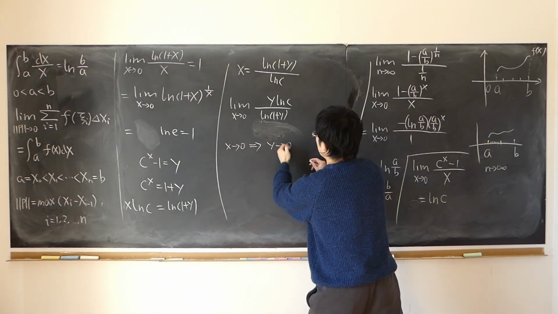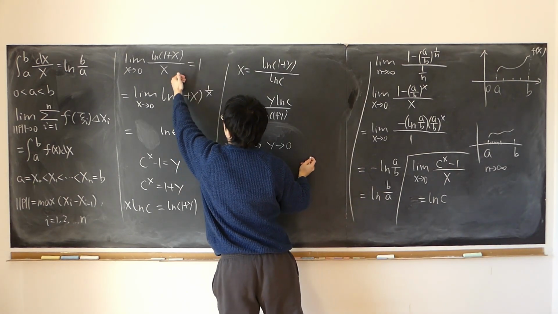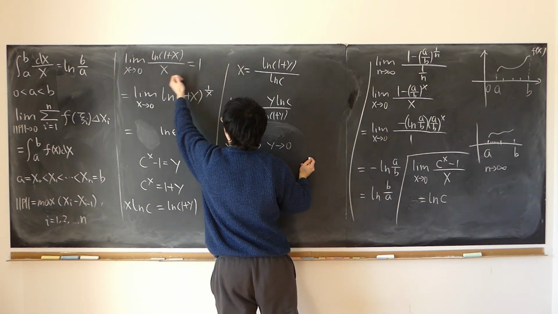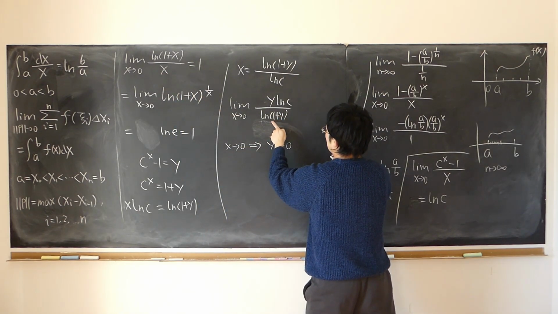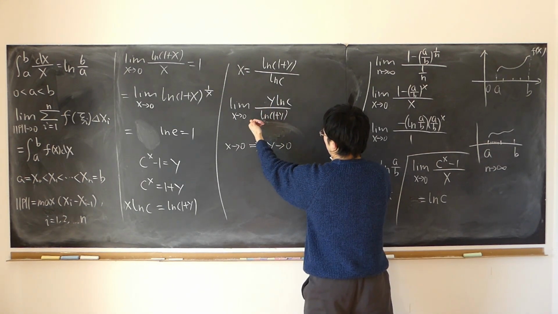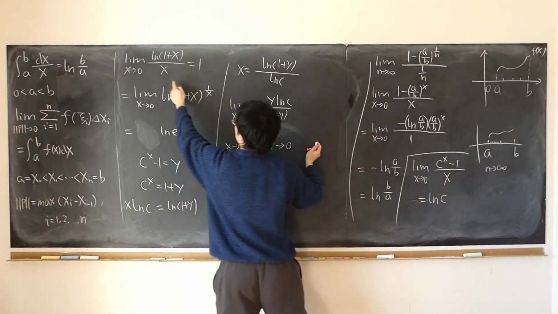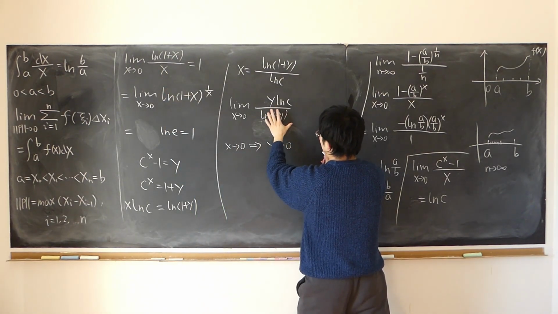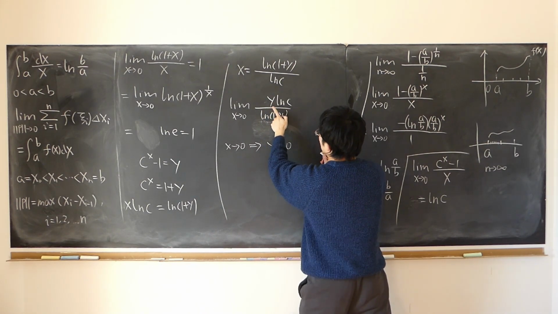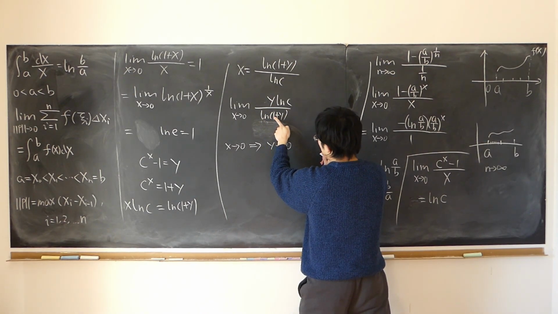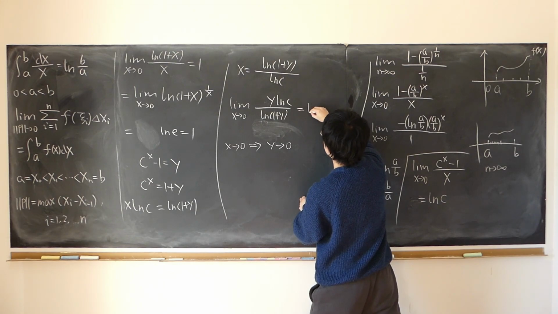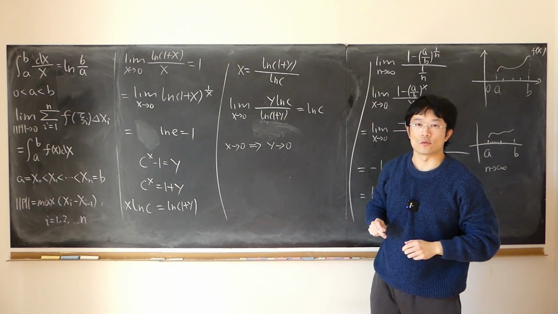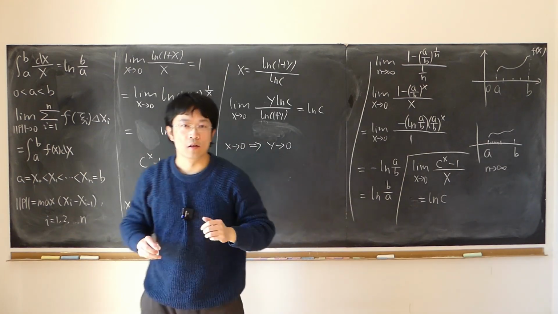Since y approaches 0, like I said, this limit is equal to 1. This time I have the reciprocal of log of 1 plus y over y. The only difference is that here I have x, there I have y. Same thing, still approaches 1. So it approaches 1 times log c. Without using L'Hopital's rule, maybe this is logically more sound.